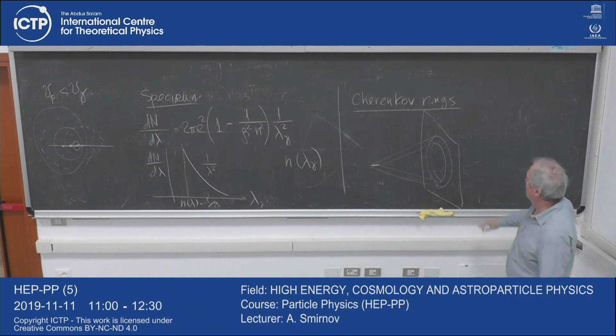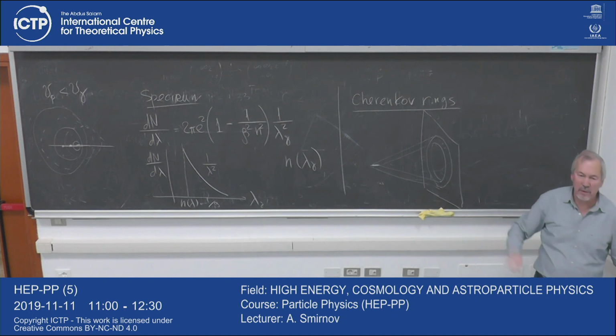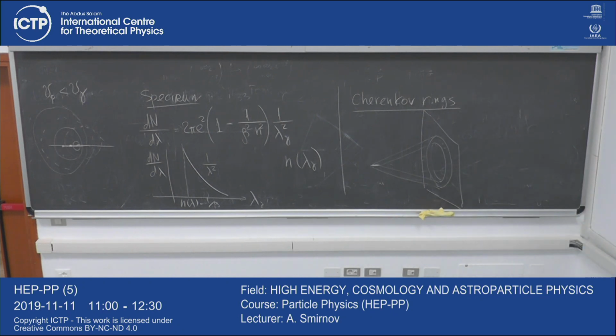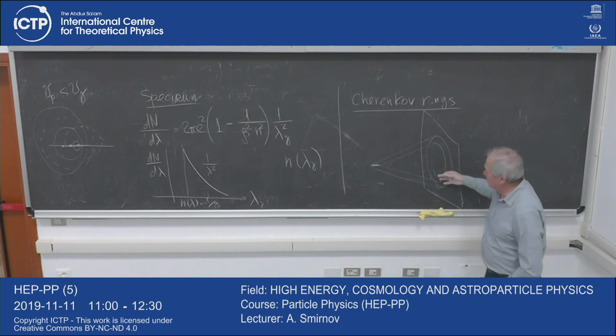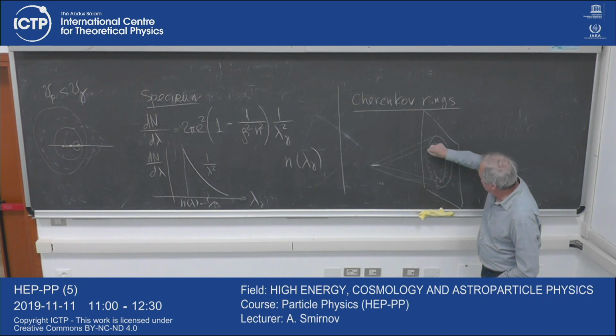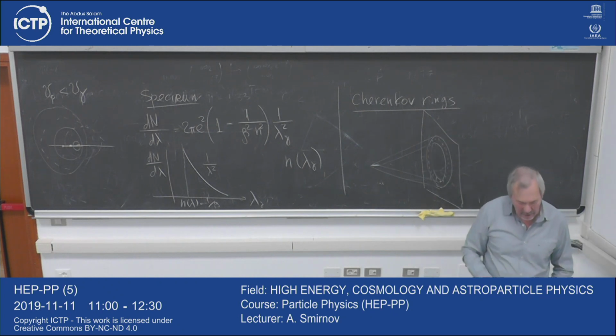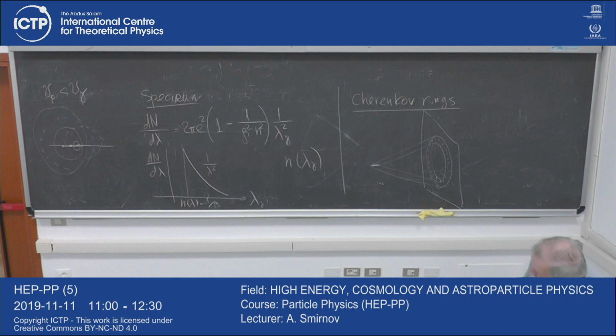So usually people put some photomultipliers on the walls of the detector, and then the particle emits this Cherenkov cone. The projection of this cone on the plane will be the Cherenkov ring. So what is detected as the signal is along this Cherenkov ring. And in fact, by studying these Cherenkov rings, one can get various information.